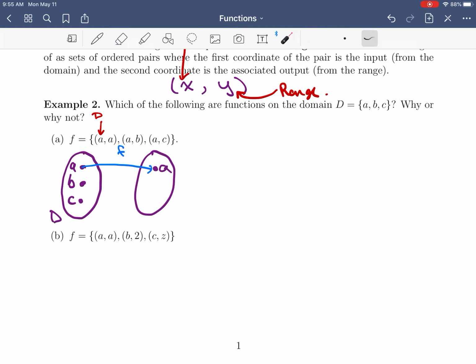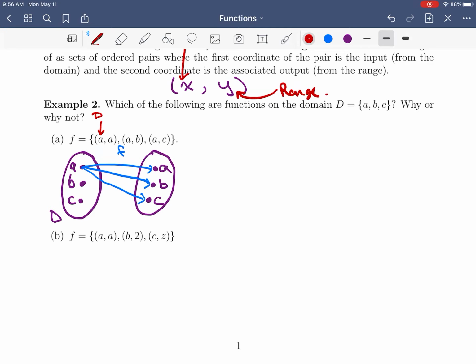Now the second ordered pair, again, we take A, but this time it goes to B. So we take our A, and it goes somewhere else this time called B. And then the last ordered pair, again, takes A, but this time we go to a point C. So here the range is actually the same as D, but is this a function?